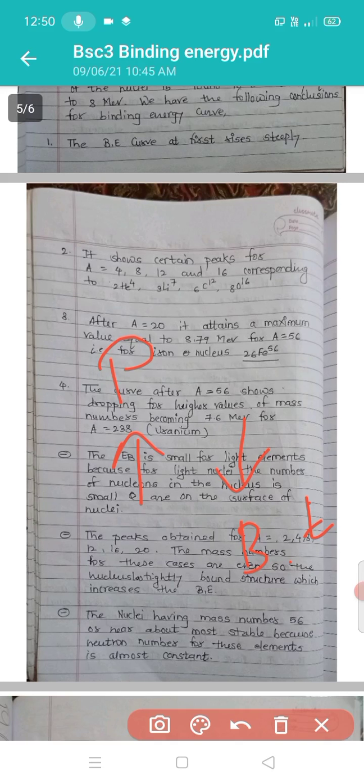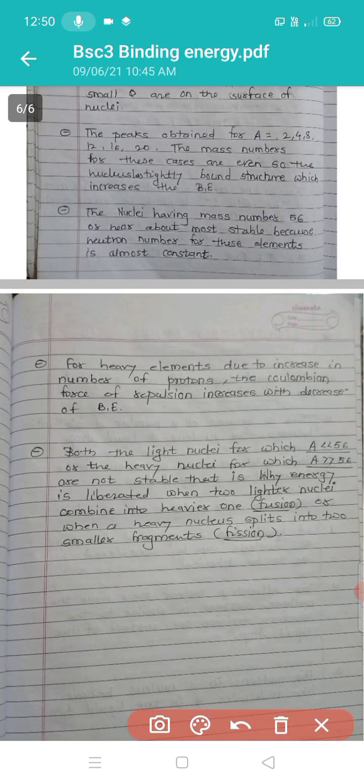Both the light nuclei for which A is very much less than 56, and the heavy nuclei for which A is very much greater than 56, are not stable.